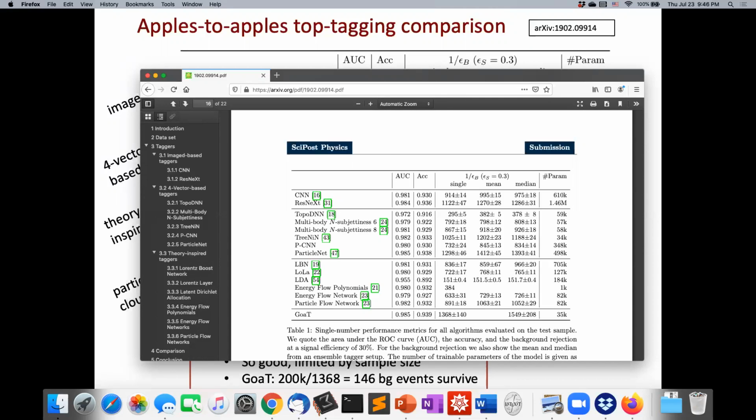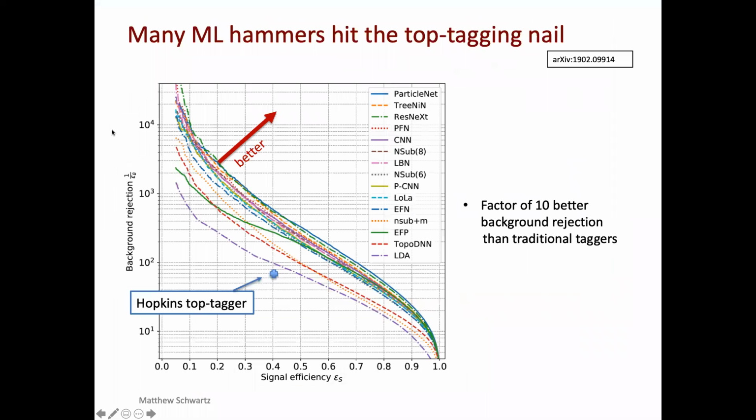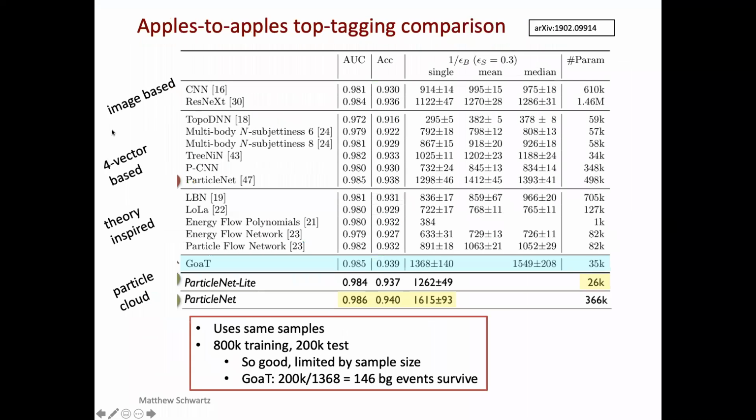Yes, let me summarize my question. Could you show your slide, the table? Yeah, that one.